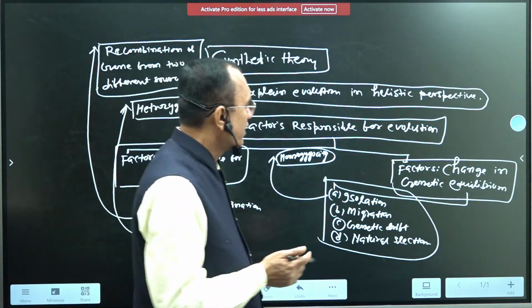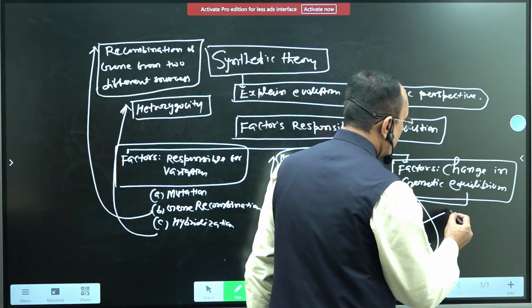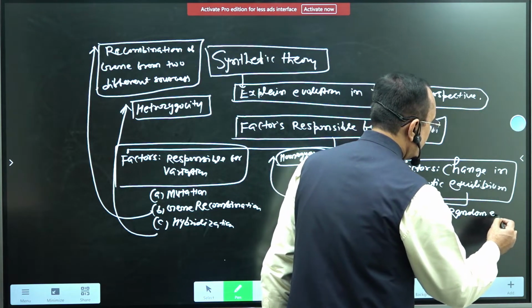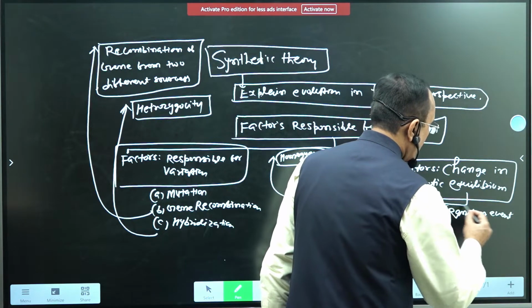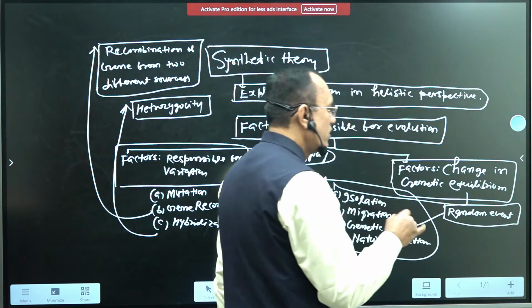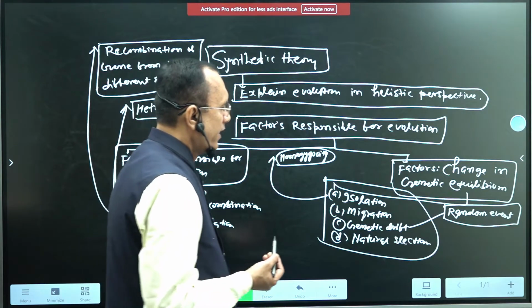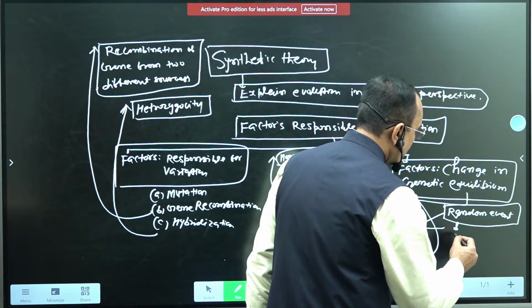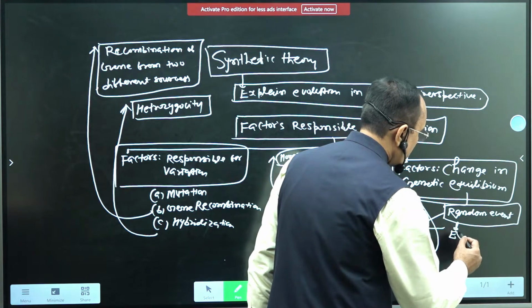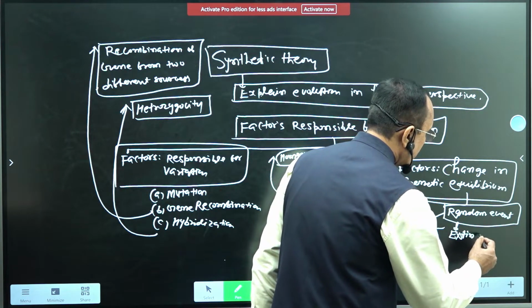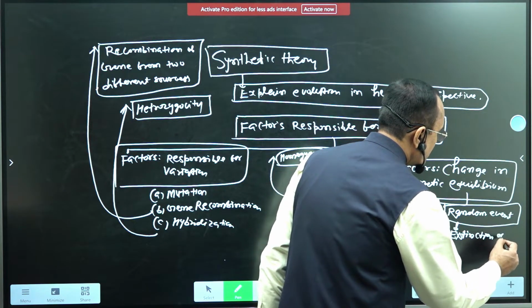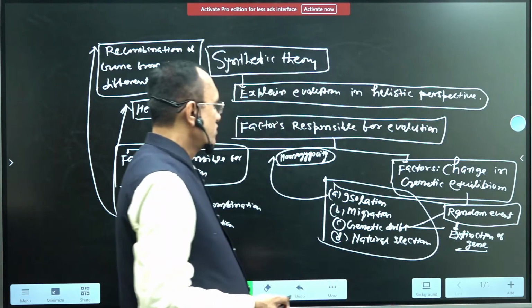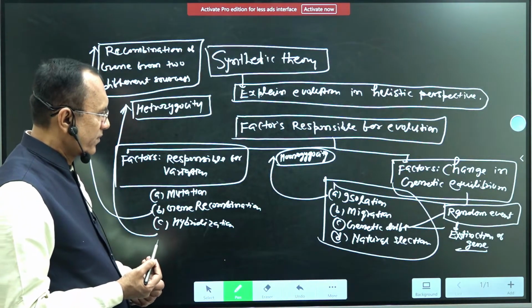Genetic drift refers to a random event which happens in an isolated small population, and if due to that random event there is extinction of genes in that population, that is called genetic drift.